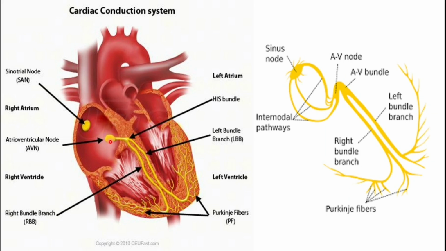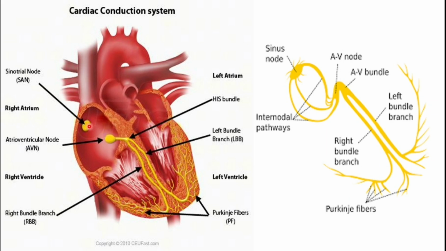So the stimulus from the AV node travels to the bundle of His, and to the right and the left bundle branch, and to the Purkinje fibers. And because of that unique distribution, the ventricles contract simultaneously and quickly.